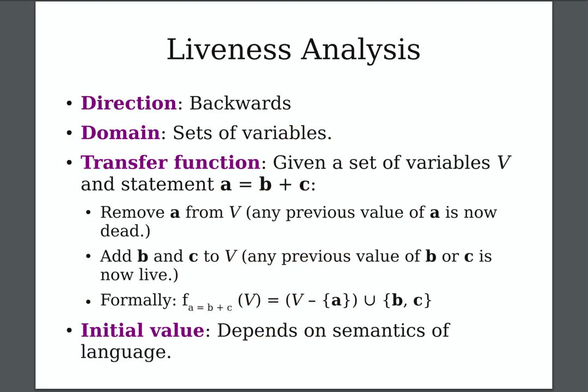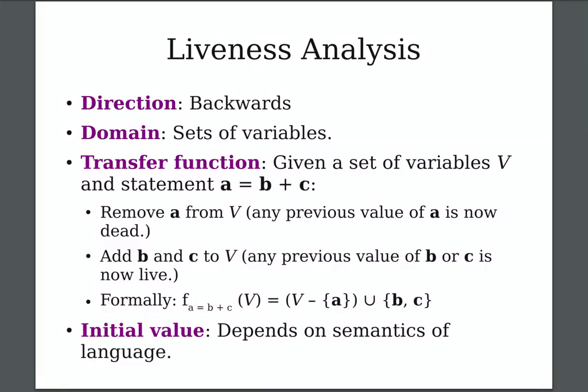So this is review from last time, but framing this in our dataflow framework, this is a backwards analysis. Its domain is the set of variables, and its transfer function is as we just described. If we see an assignment, we remove A from the set of values and add the right-hand side variables to the set of values. And the initial value depends on the rest of the program.